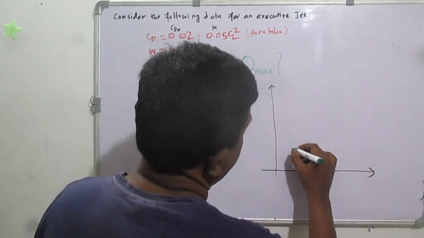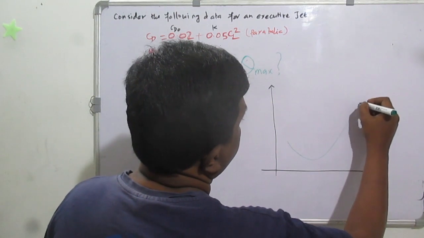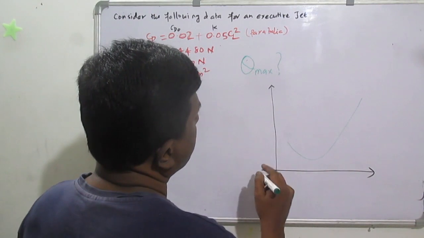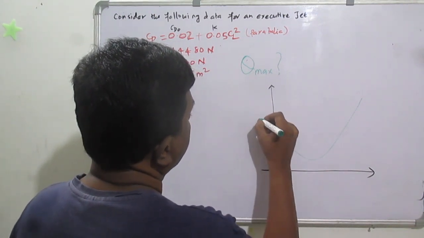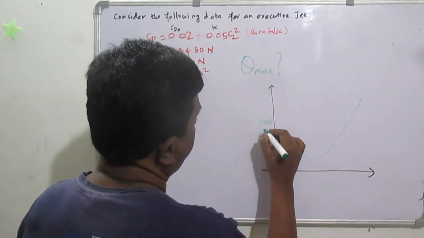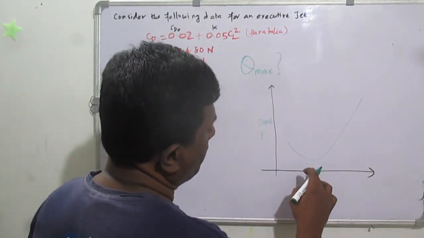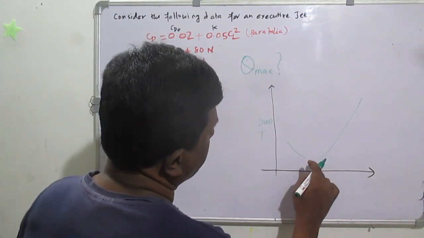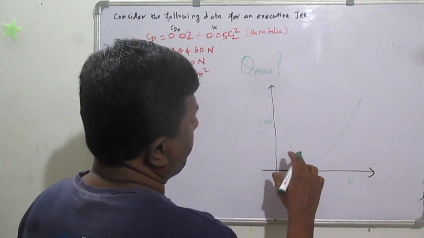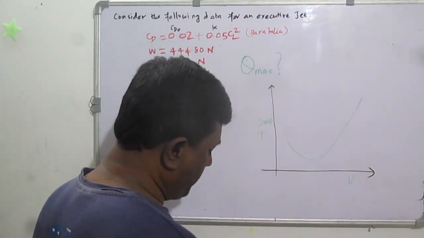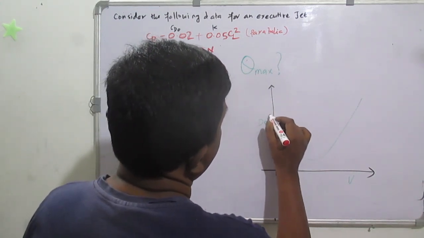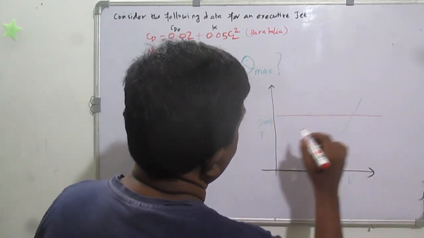This is the total drag, and this is the drag or thrust, plotted against velocity. Suppose we have constant thrust, then the thrust line is something like this.